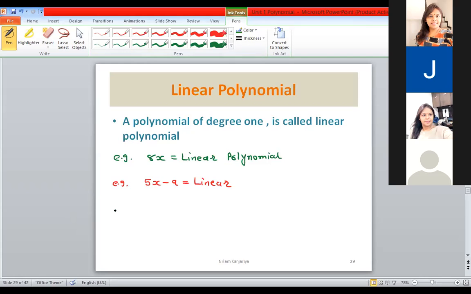Anyone else? Like x by 3 plus 5. This is also a linear polynomial. Why? Every polynomial here has highest degree 1. Look at the degrees of all of these, the highest is 1. For that you can say it is a linear polynomial.